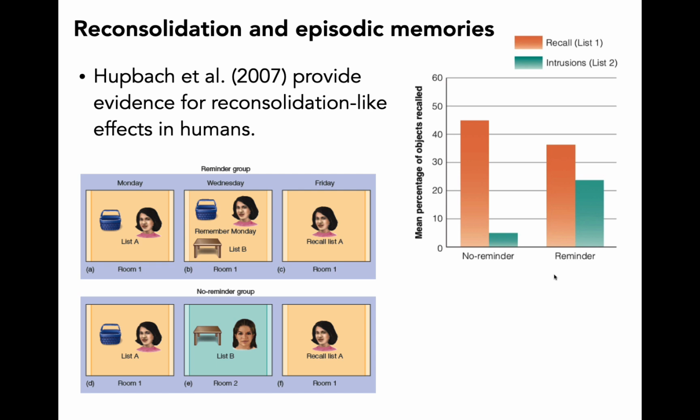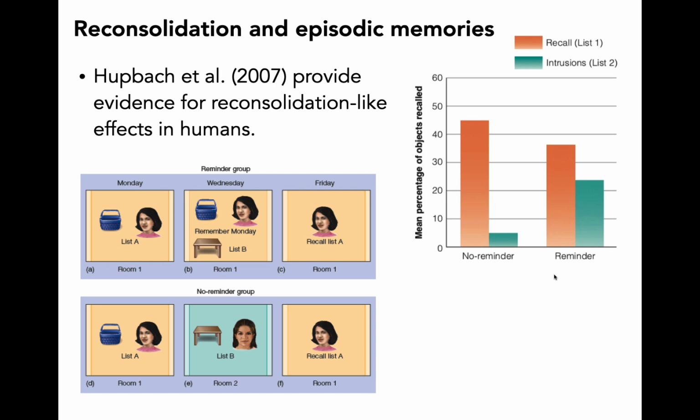So what does that suggest? It suggests that the act of recalling this initial period of learning put that memory into a fragile state. And so when the recall was followed by learning of new material, the two memory traces sort of became jumbled up in their mind.